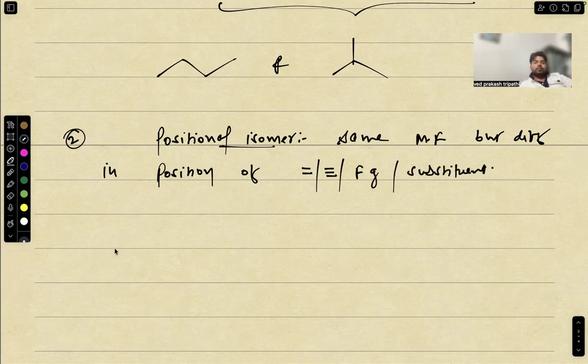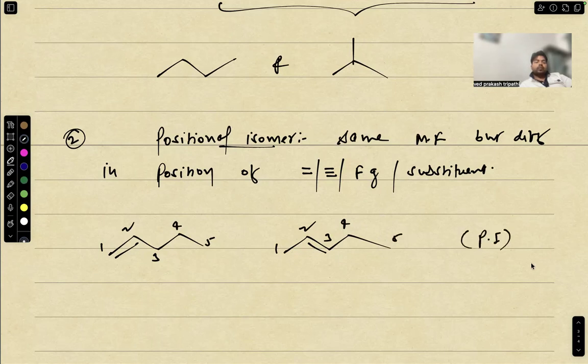For example, you can see here the double bond is present at number 1 position, and here the double bond is present between number 2 and 3 position. So this is called positional isomer because of the difference in the position of the double bond.